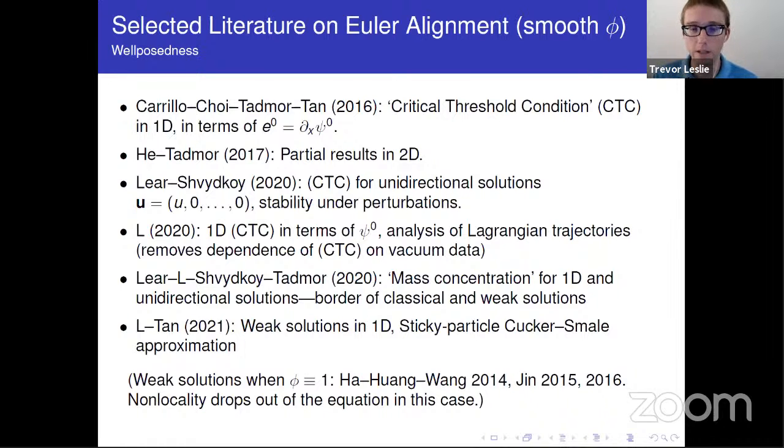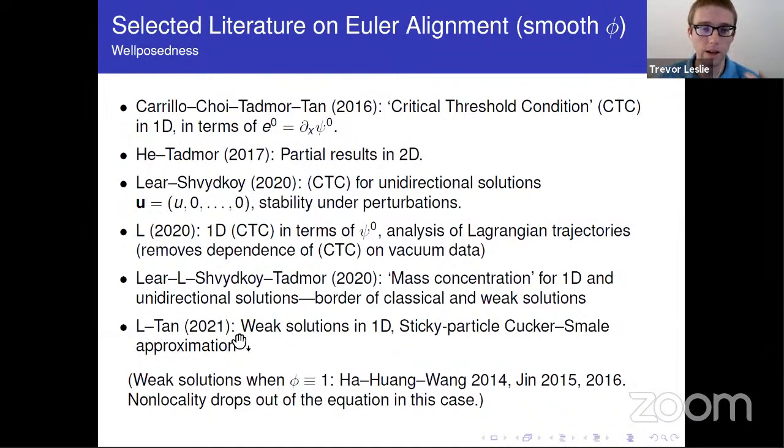This scenario creates a time asymptotic concentration of mass. These trajectories that meet at time infinity trap all the mass that started between them, and when they meet at a point, all that mass gets crushed to that point. And this is a borderline case between global well-posedness on one hand and finite time blowup on the other hand for smooth solutions.